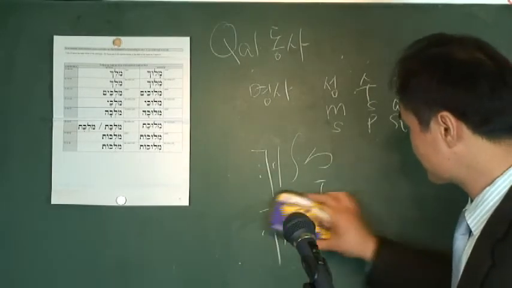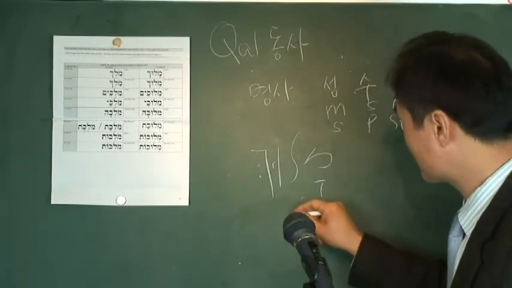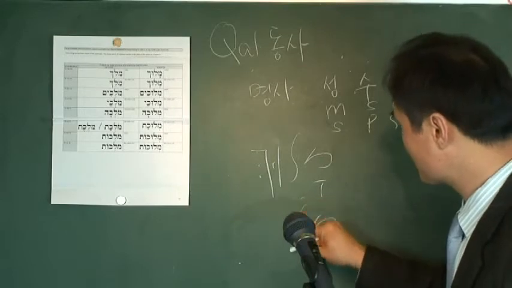The masculine singular construct is the same as the masculine singular absolute.